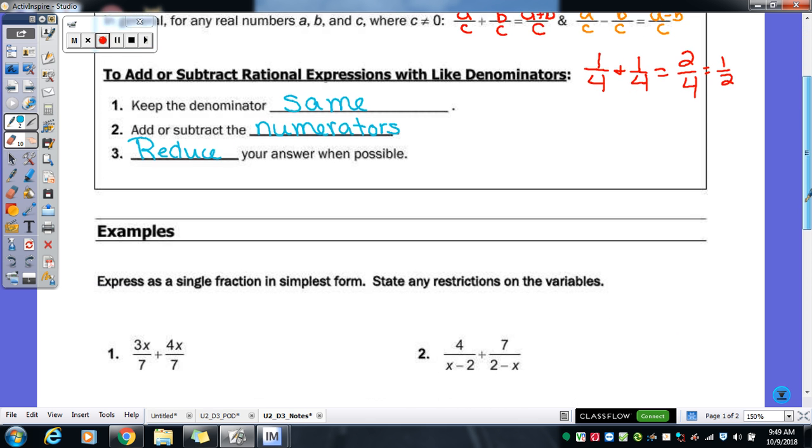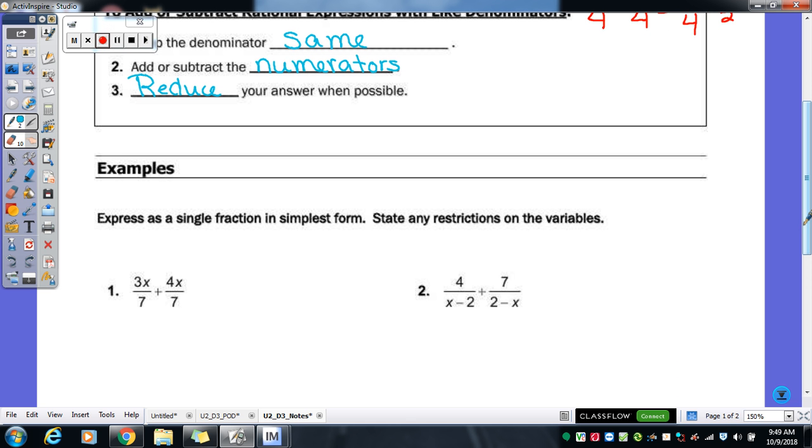So let's take a look at our examples. We'll start with example 1. Looking at example 1, do they have the same denominator? Yep. So we're good to go with that. You're going to keep the denominator the same. The denominator is going to stay as 7. And we're going to add our numerators. So 3x plus 4x gives us 7x.